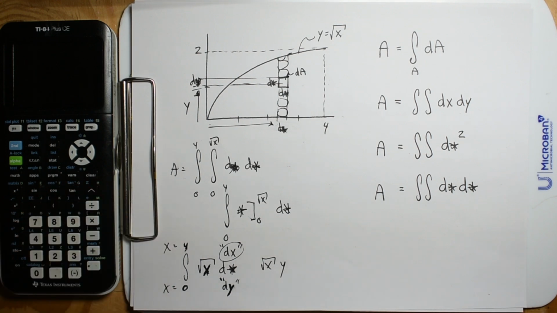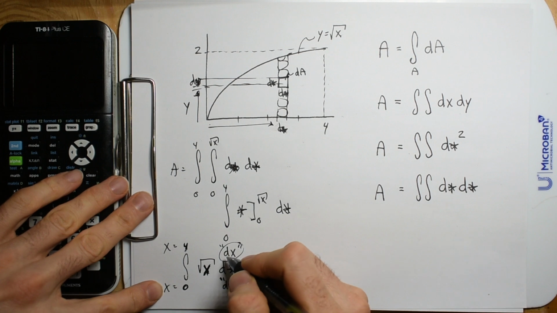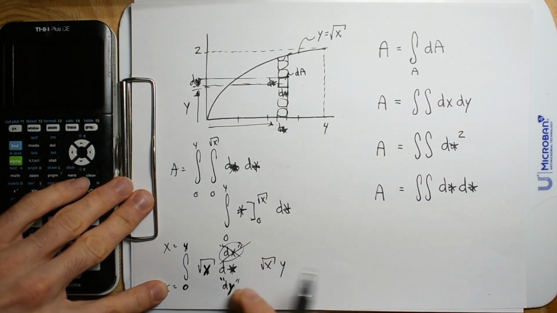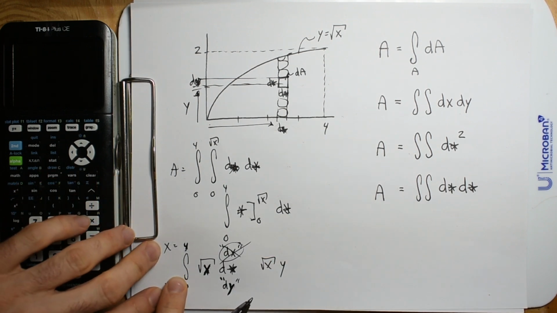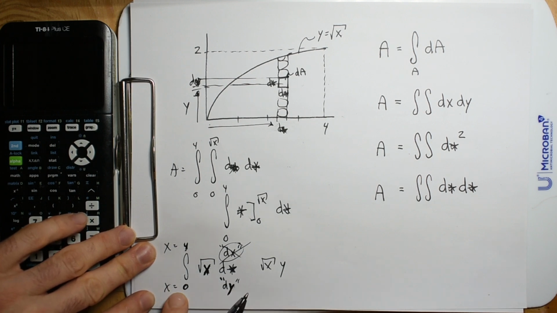All right, so I think I thoroughly backed myself into a corner. Oh, this is so interesting, this is so fascinating. So yes, if this is dy, we can integrate with dy, but we have to change these limits of integration.